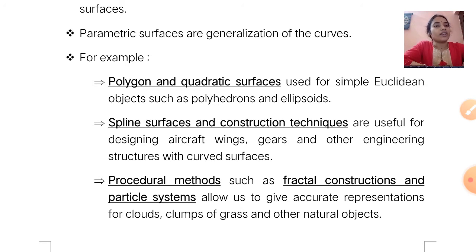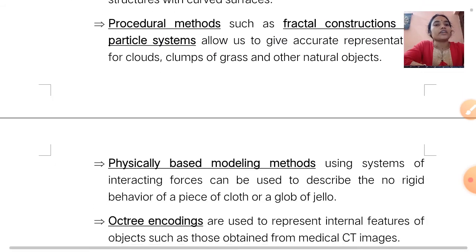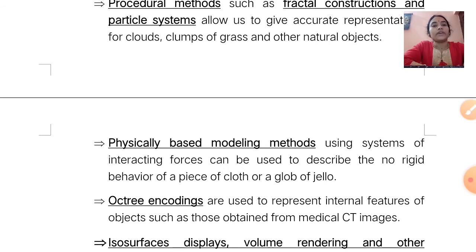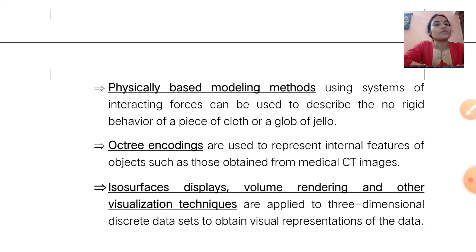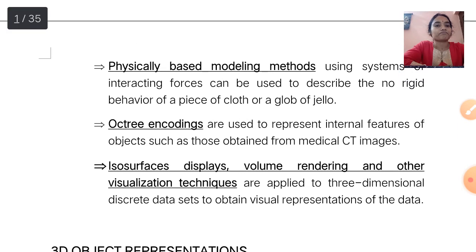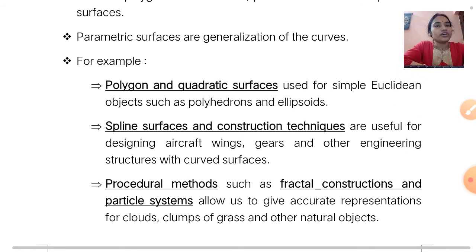Second is spline surface and construction technique. Third is procedural method, in which fractal construction and particle systems are used. And next is physically based modeling methods, octree encodings, isosurface displays, volume rendering and other visualization techniques. Okay, these are the examples of 3D object representation.